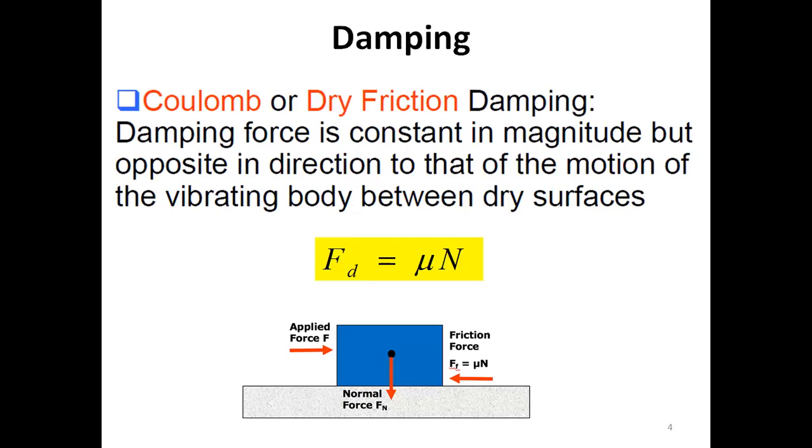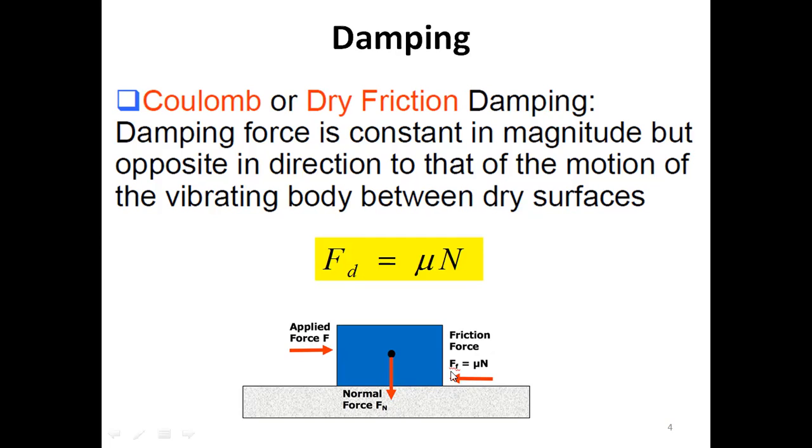In Coulomb or dry friction damping, the damping force is constant in magnitude but opposite in direction to that of the motion of the vibrating body between dry surfaces. As you have studied in friction, if this is the applied or vibratory force, the damping force is always opposite to the motion of the mass, and it is equal to mu times N, where N is the normal force.